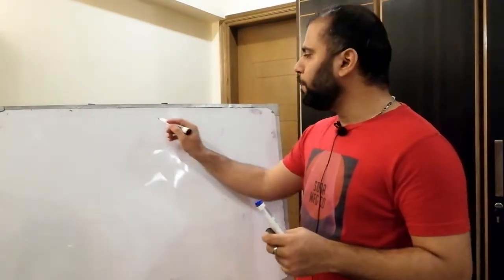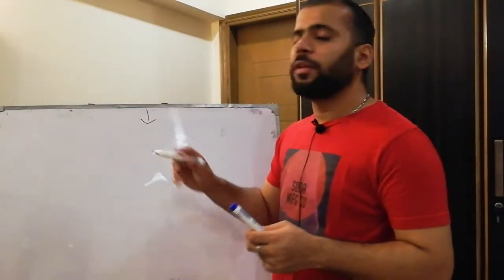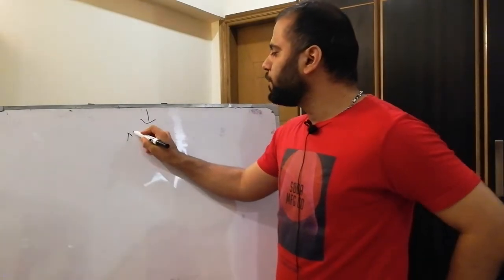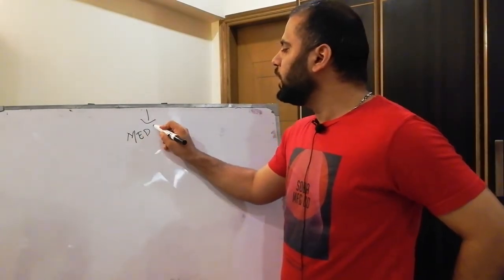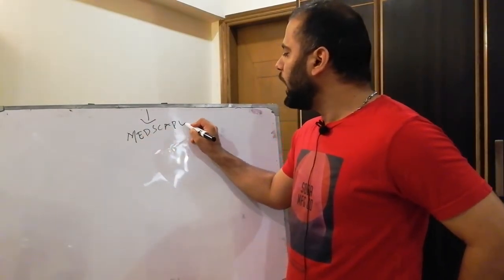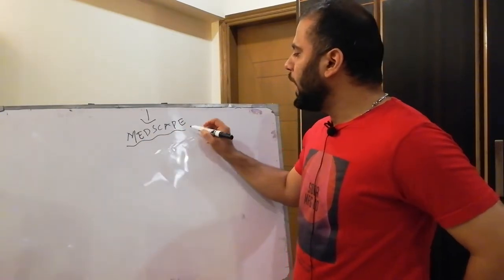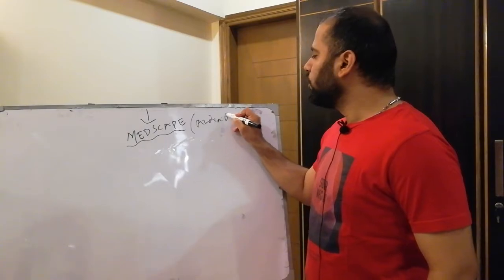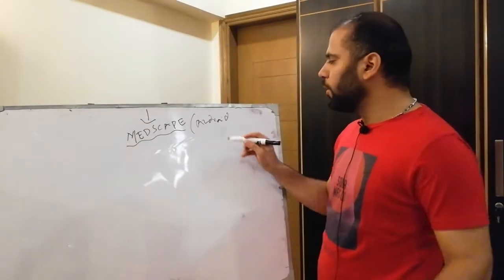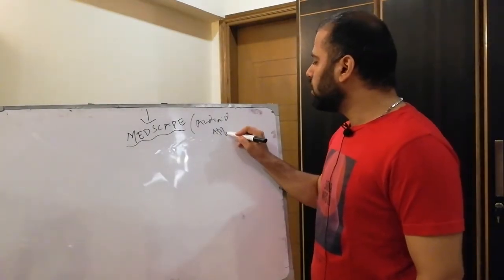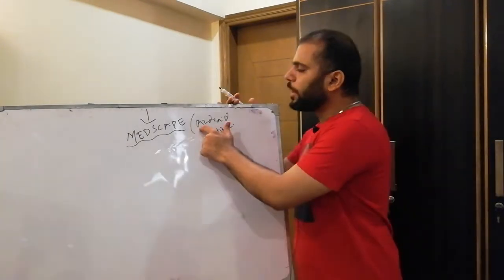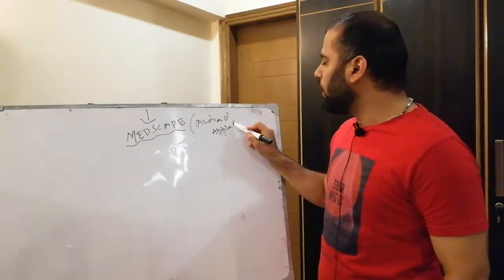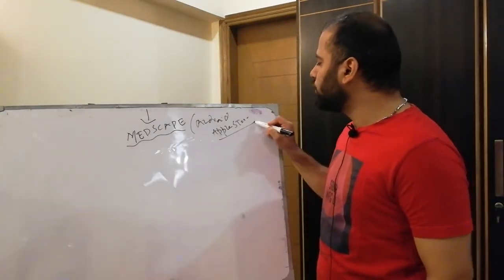So the one free app, the very important and free of cost app, is Medscape. You can easily get this app for Android from the Google Play Store, and for iPhones from the Apple Store.